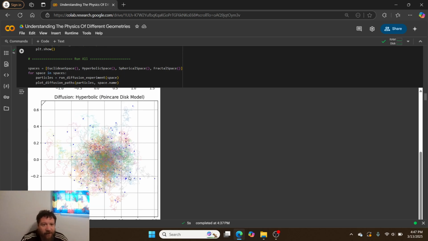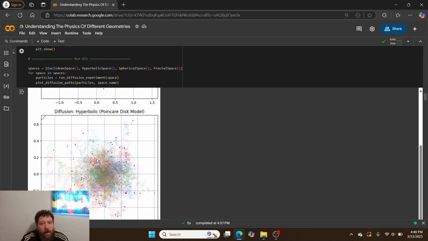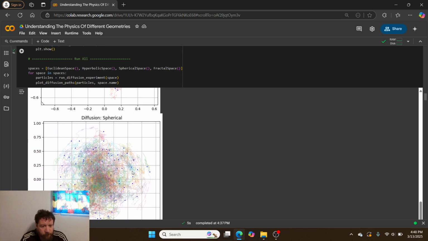Like if you drop a bomb in Euclidean space, it's a perfect dispersion, right? Like 100% perfect, boom, perfect interactions. Whereas if you did the same in a hyperbolic space, it's not perfect. It's not like a perfect circle, right? It's because the clustering dynamics are far enhanced in hyperbolic space, as you can see here.